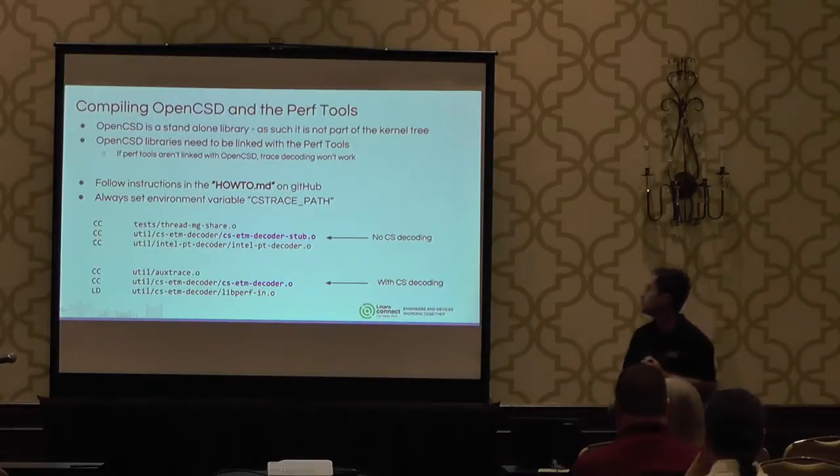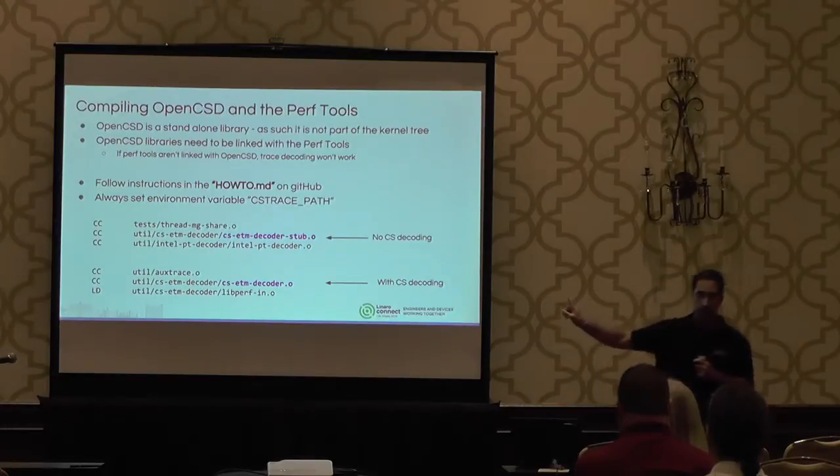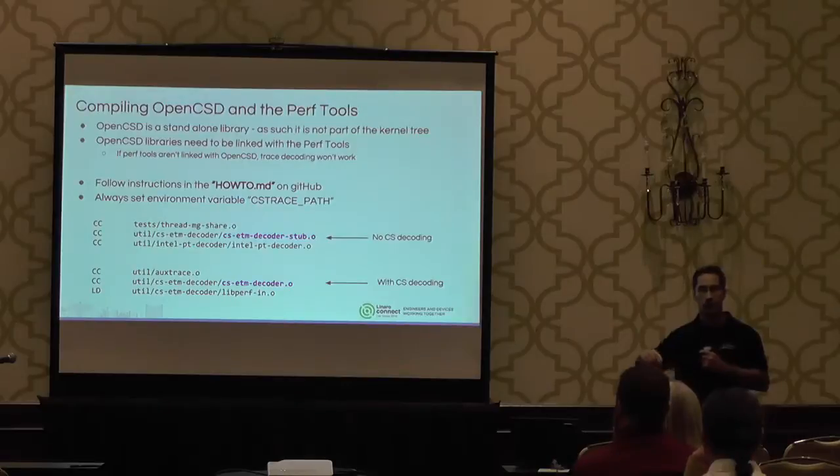Okay, so you download the revision of the library, the latest and greatest. Simply follow the how-to. I'm explaining this slide here because it's easy to miss, and a lot of people have missed it. Because perf, or the OpenCSD library, is standalone, we need to tell the perf tools where to find the capability to deal with CoreSight traces.